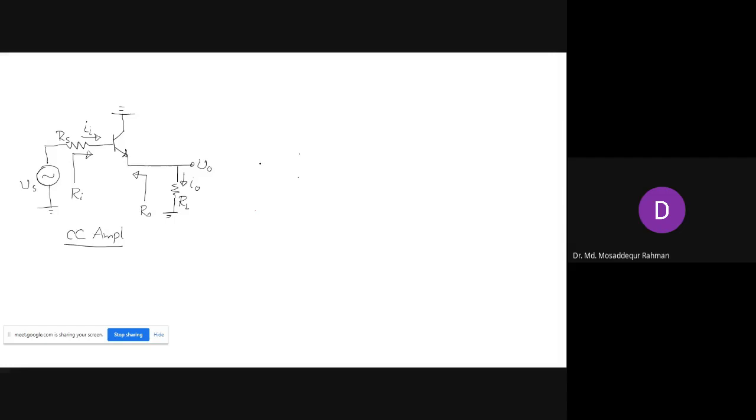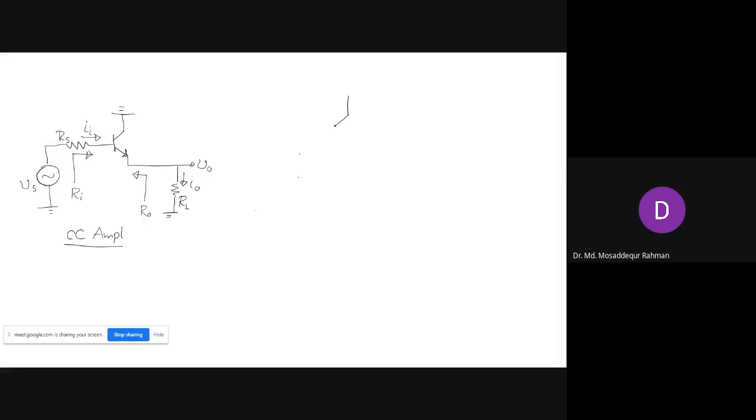So we start with the small signal equivalent circuit. I think the T model will be easier.